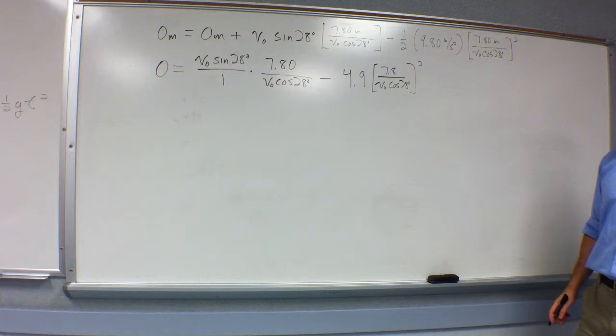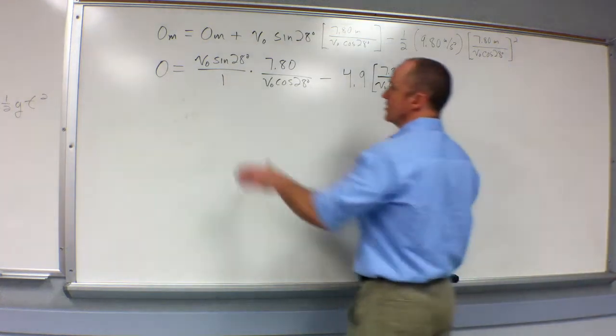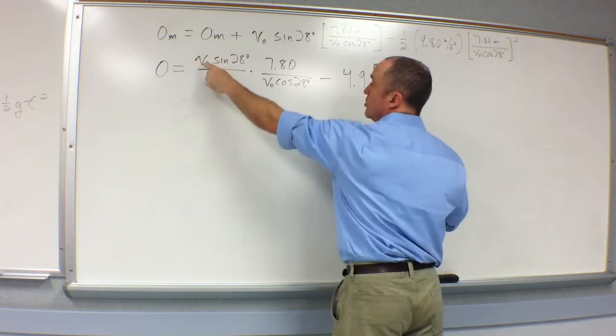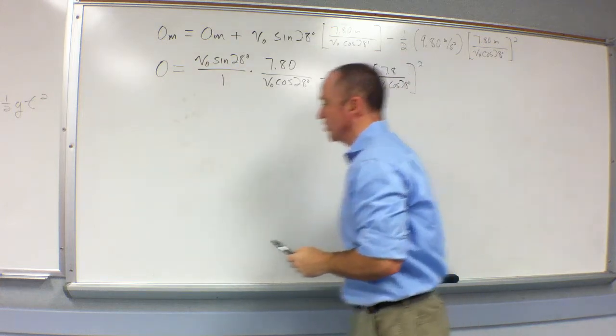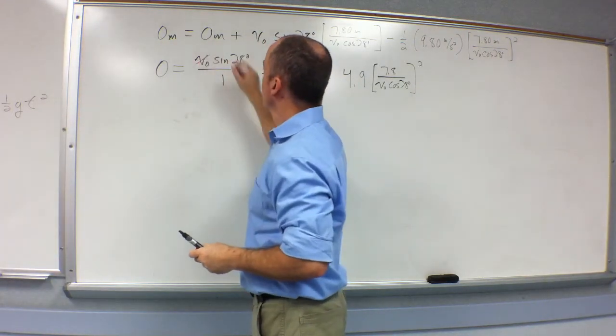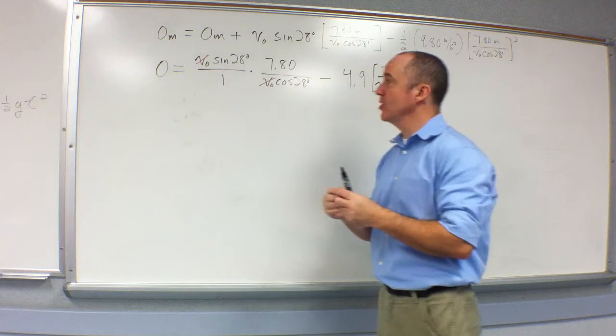You guys okay with that? I'm multiplying two fractions. I have initial velocity in one denominator, in one numerator, and in the other denominator. What can I do? Cross it out. It's the same thing in both.